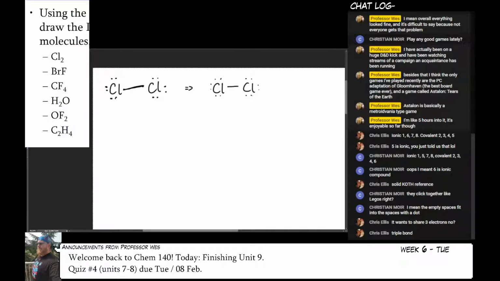So there's my Cl2. And then for BrF, exactly the same thing, because I'm just picking things that have 7 electrons. And really, I could just put anything that's in column 17 in these spots.